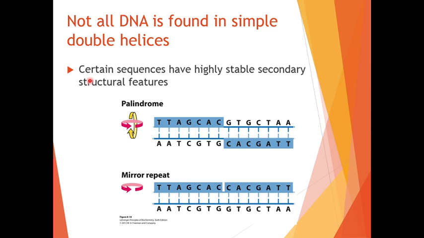Not all DNA is found in simple double helices. There are certain sequences that have highly stable secondary structural features, such as palindromes and mirror repeats, as you can see here. Palindromes are sequences of double-stranded nucleic acids with twofold symmetry.